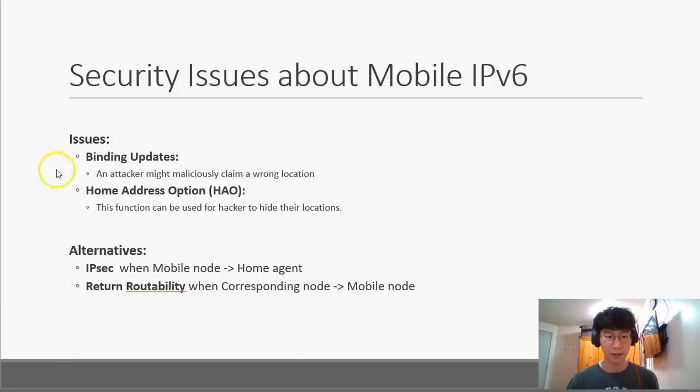To protect from these kinds of security issues, two alternatives came up. The first one is IPsec. It is a secure network protocol suite that authenticates and encrypts the packets of data to provide secure encrypted communication. More specifically, it is for securing mobility messages between the mobile node and the home agent.